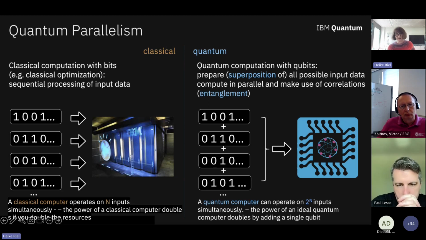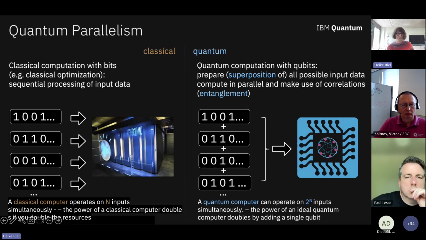You prepare an initial state, the superposition of the two states, and you can then create all possible input data for compute in parallel and make use of the correlations and the entanglement. This means that a quantum computer can operate on the 2 to the power of n inputs simultaneously, which means that you have an exponential increase of the power of your computation.